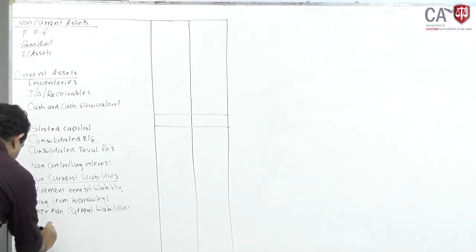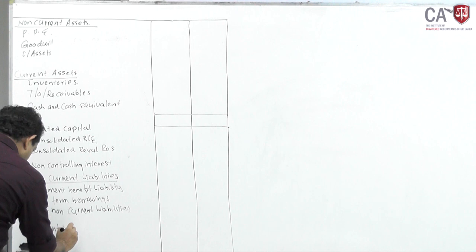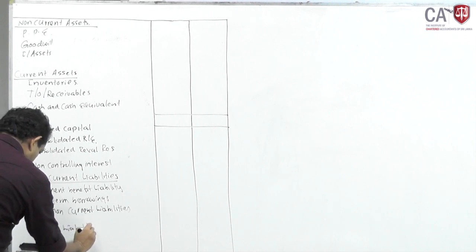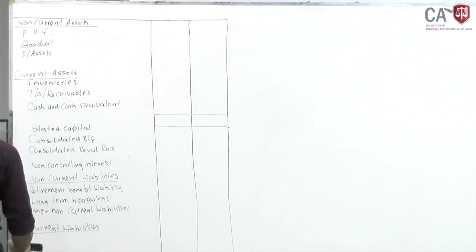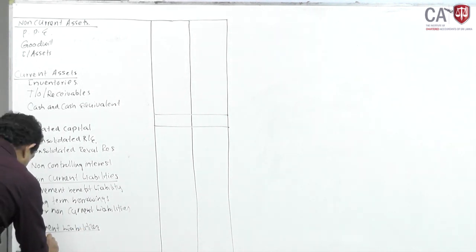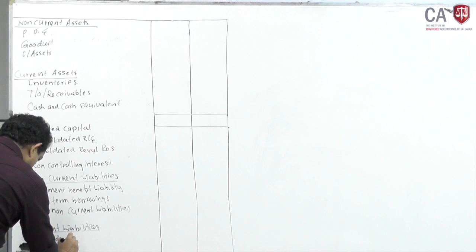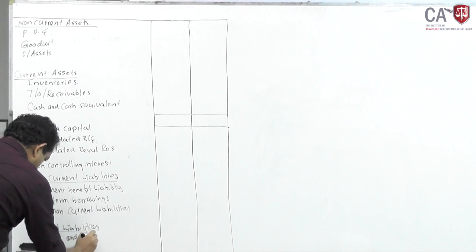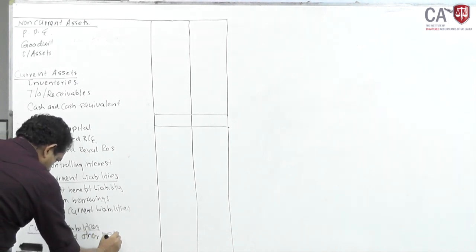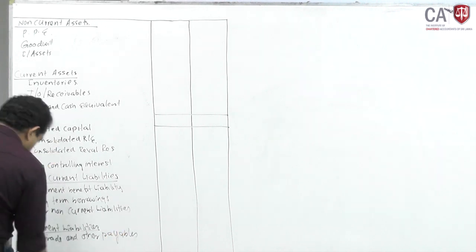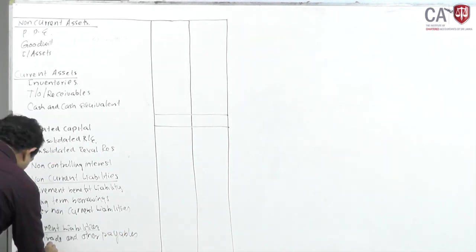Current liabilities: trade and other payables, short-term borrowings.